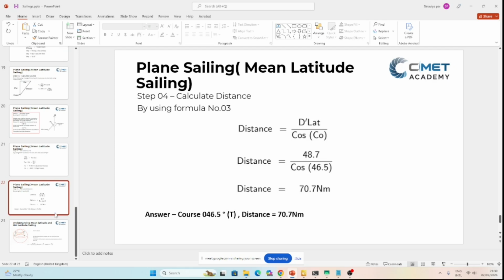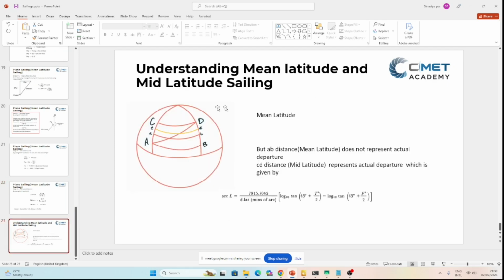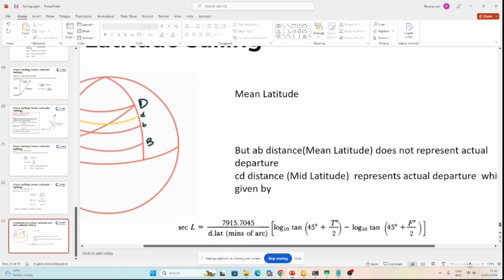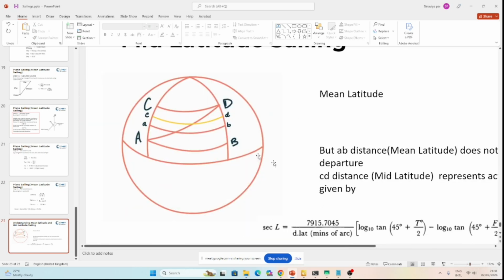Okay. Now I was explaining the difference between the mean latitude and the mid latitude.